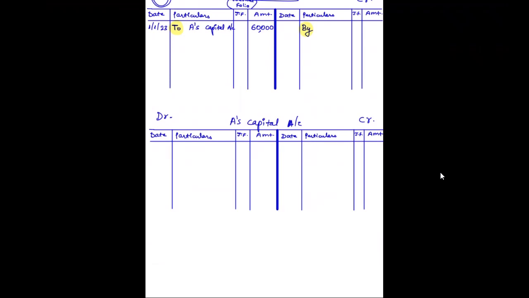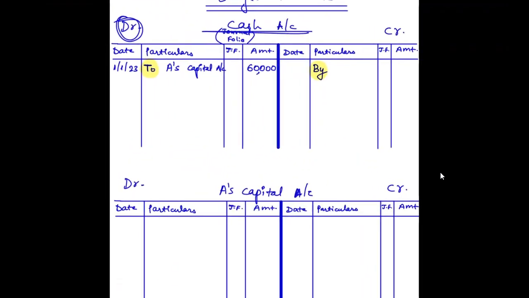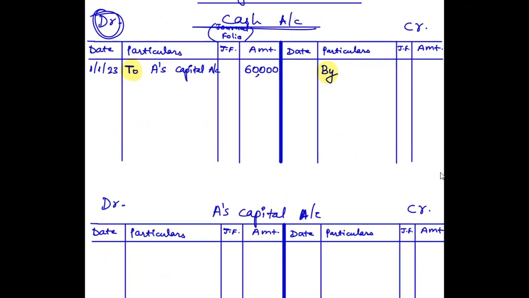Now see, the cash account is debited by A's capital account. So there will be a reverse effect in A's capital account, because A's capital account will be credited.